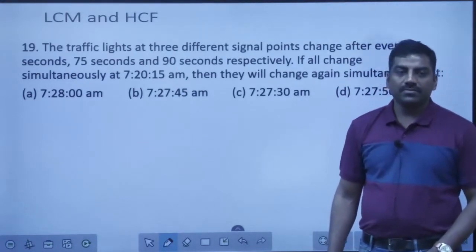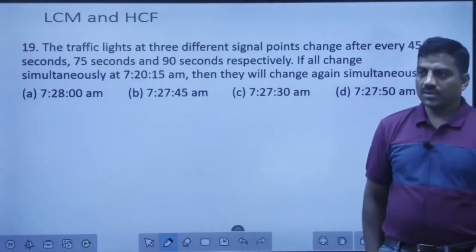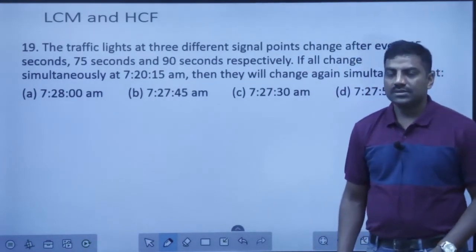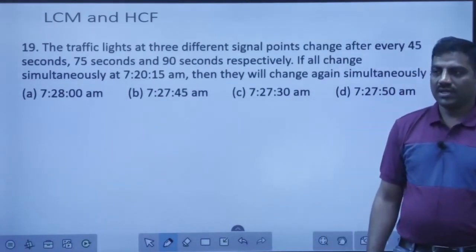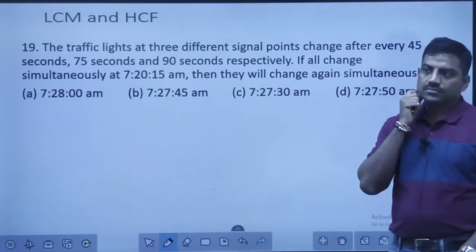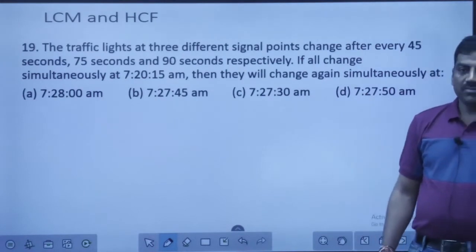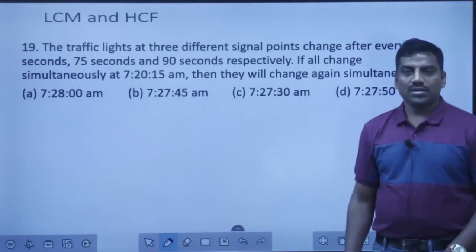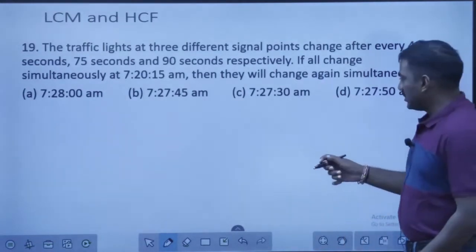Then you will find with 5. 3s are 9, 5s are 15, 6s are 18. Then again 3. 3 1s are 3, 3 2s are 6. So finally it is what? 3 into 5 into 3 into 2 into 3. 450. So LCM is what?